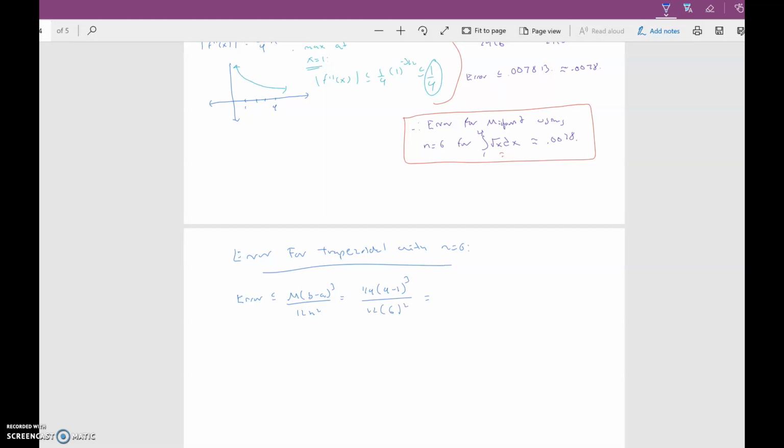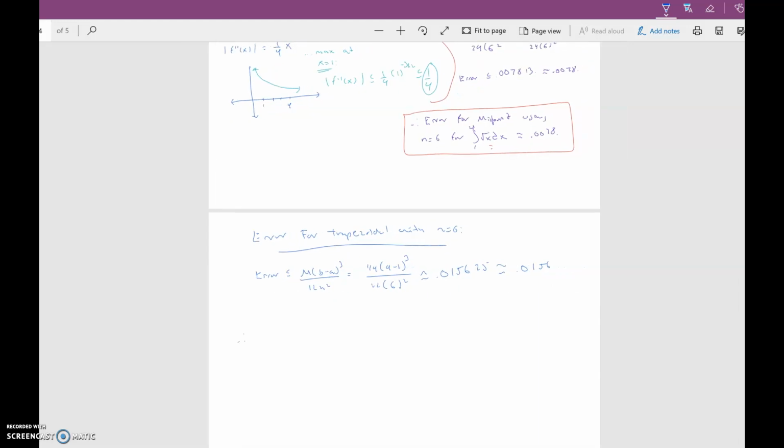And let me evaluate this one. Okay, so the error on this one is going to be approximately 0.015625, or 0.0156 if I round to 4 decimal places.